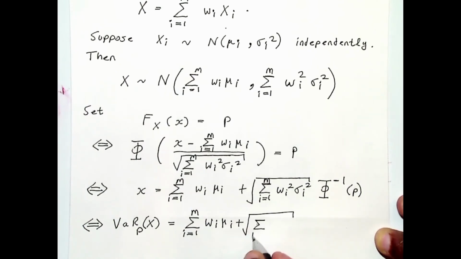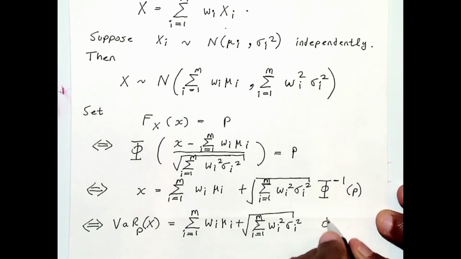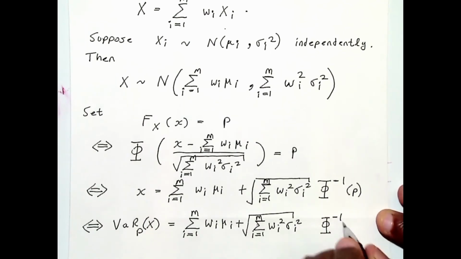Okay, so this is the formula for VaR under the variance-covariance method.